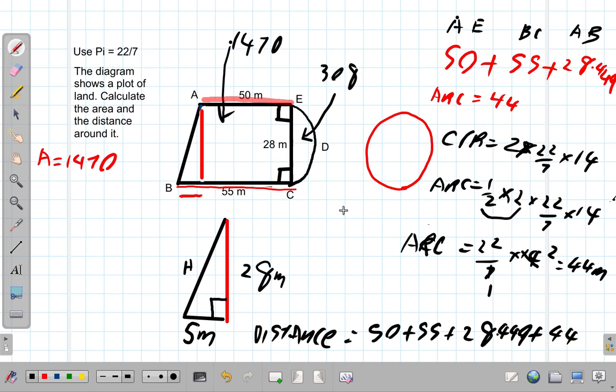So it is 177 plus the 0.443 that we had left out. Alright, let's just round it off to one decimal place and call it. The distance is equal to 177.5 meters. So the area is 1470 meters squared, while the distance is 177.5 meters, the distance right around.